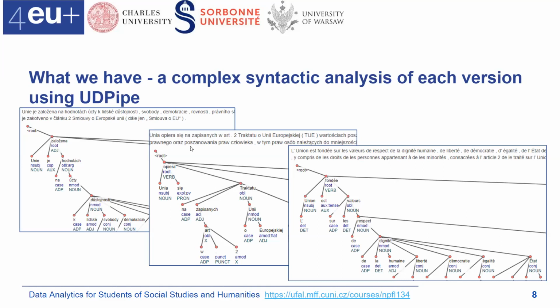As you can see in these figures, the UDPipe system does a complex syntactic analysis. It means that it detects not only subjects, but all other functions, dependency relations. So it does a complex syntactic analysis of a text.